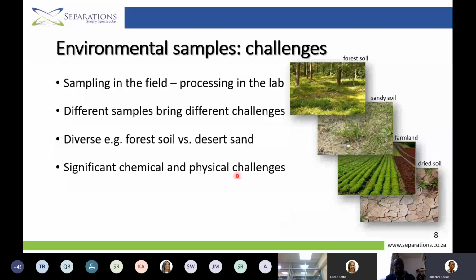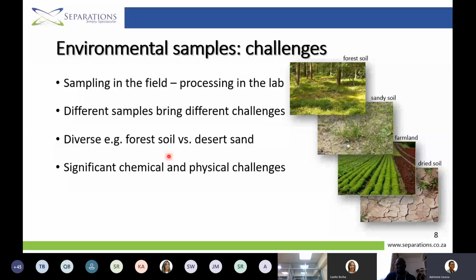So if you're looking, for example, at different types of soil, every type of soil comes with its own challenge, and the challenges range from chemical right through to physical, and it's not consistent.